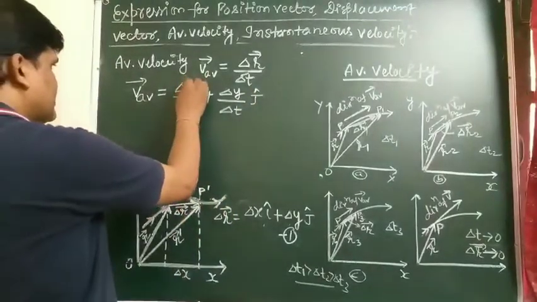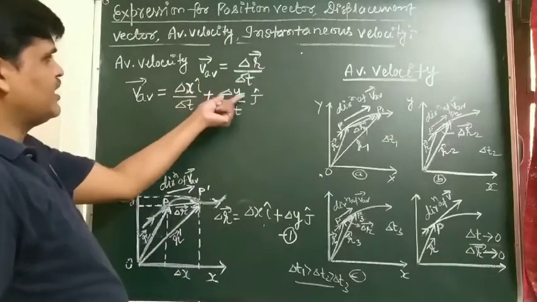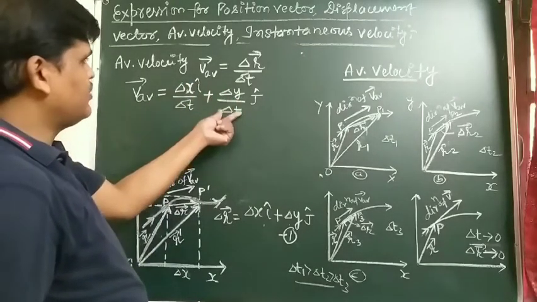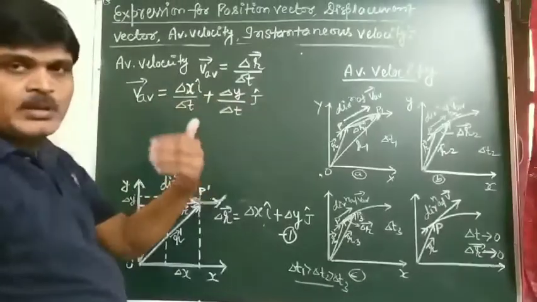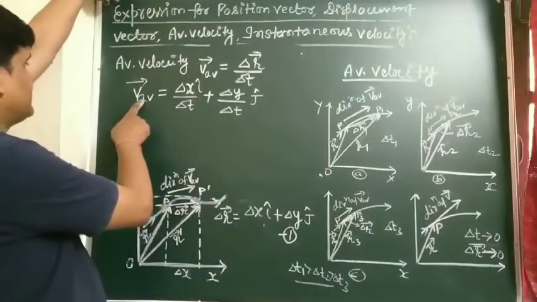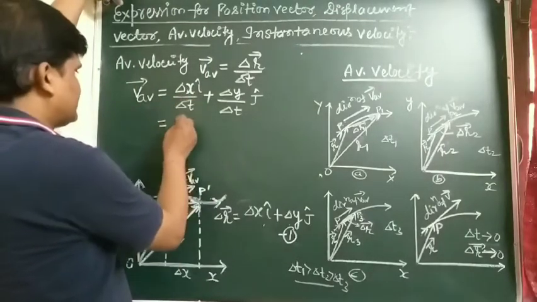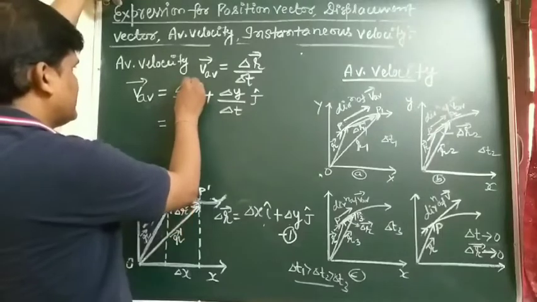And this is displacement by time in the x axis and displacement by time in the y axis, and displacement by time is velocity. But here we have taken the average velocity.